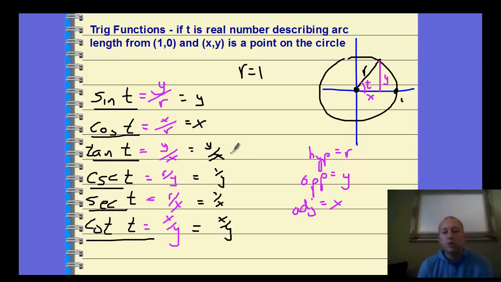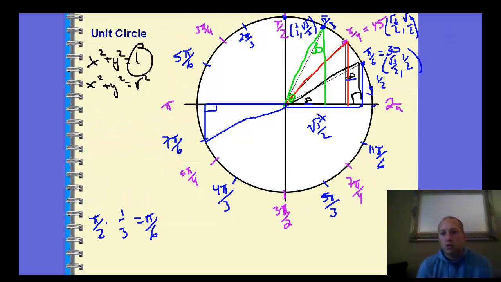Why is this important? It's because of those points we just found. When you wrote those points down, whatever your x value is and your y value is for the unit circle, we know the x value is describing the cosine of t and the y value is describing the sine of t. So if we go back and look at the unit circle, when we wrote this point right here, that point was (square root of 3 over 2, 1/2).